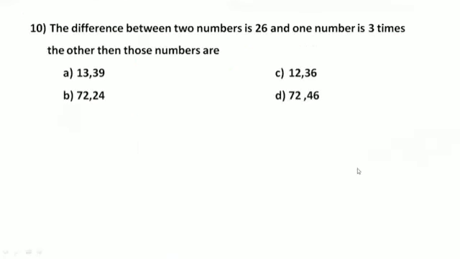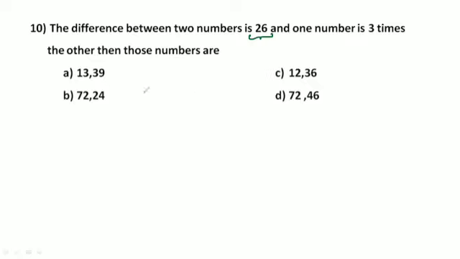The difference between two numbers is 26, and one number is 3 times the other. Then those numbers are? Very simple, children. Directly we can do it here. The difference of two numbers is 26.